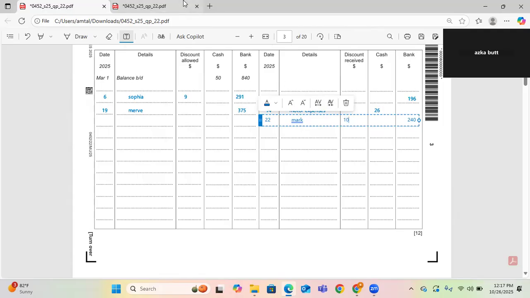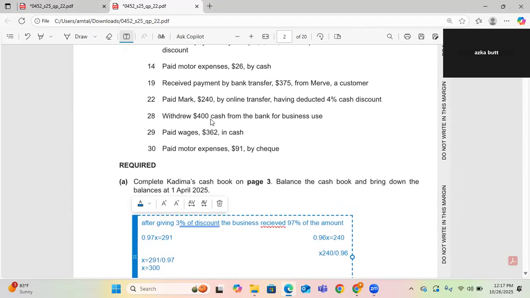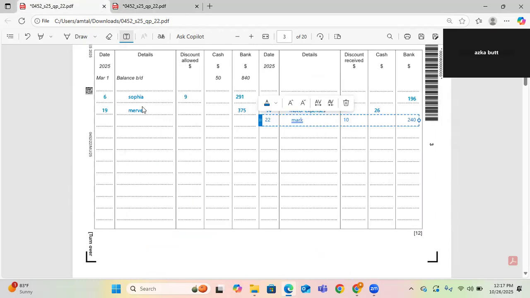Now let's see the next entry. Withdrew 400 cash from the bank for business use. So we withdrew the cash for business use, 400. We will be deducting this from the bank on 28th March.